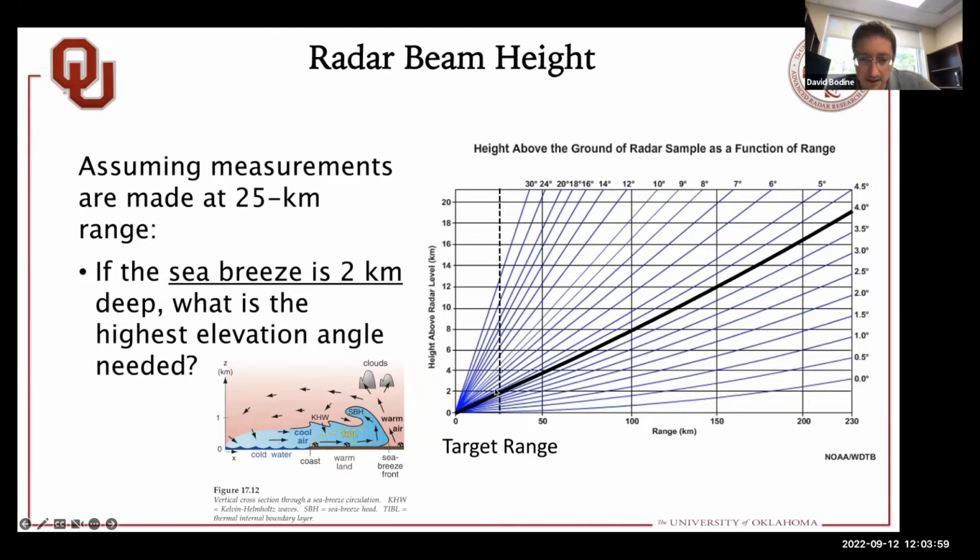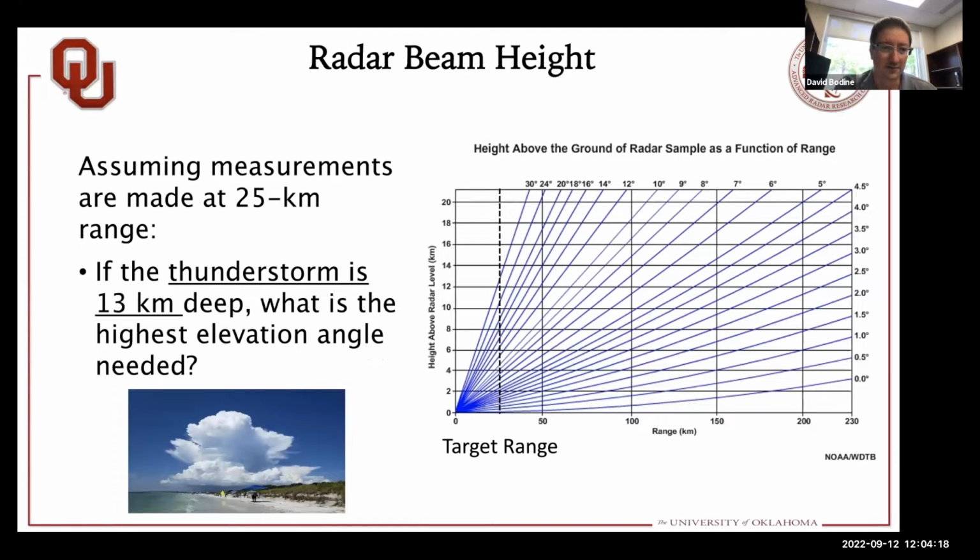Here, we need to scan about 4 degrees at 25 kilometers in range. So for a sea breeze at pretty close range, you could primarily just sample some of the lowest elevation angles.